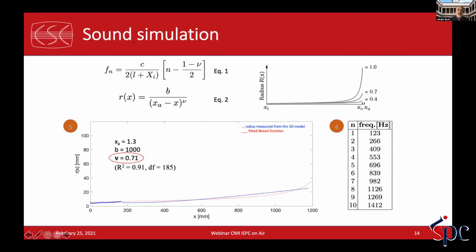Finally, by applying equation 1, we calculated the frequencies listed in the table that represent the first 10 tones that could be generated by our reconstructed model. Of course, these are the first 10 fundamental frequencies of these tones.